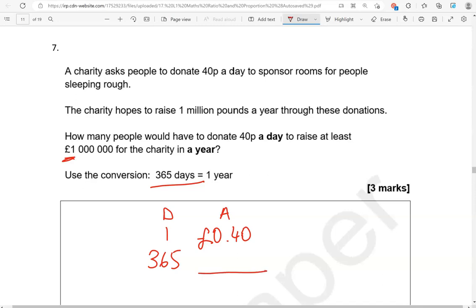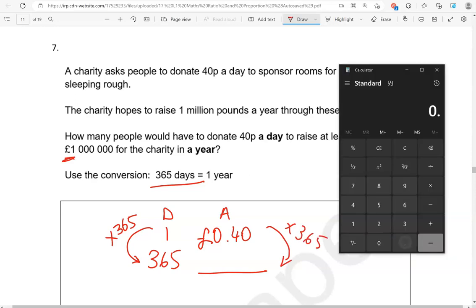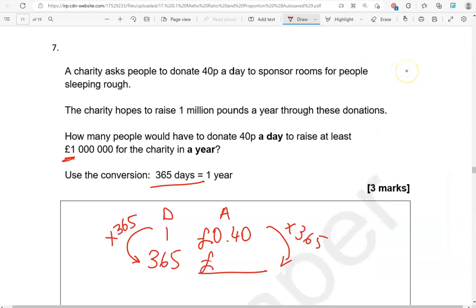To get from 1 to 365, we multiply by 365. So we'll do the same here. 0.4 times 365 gives us 146. So £146 per year from one person.